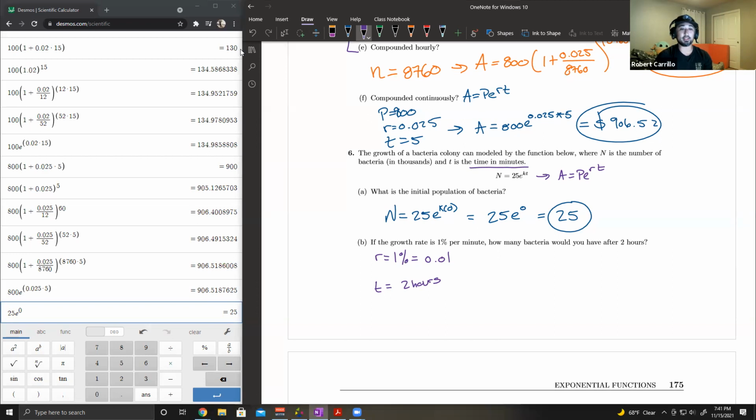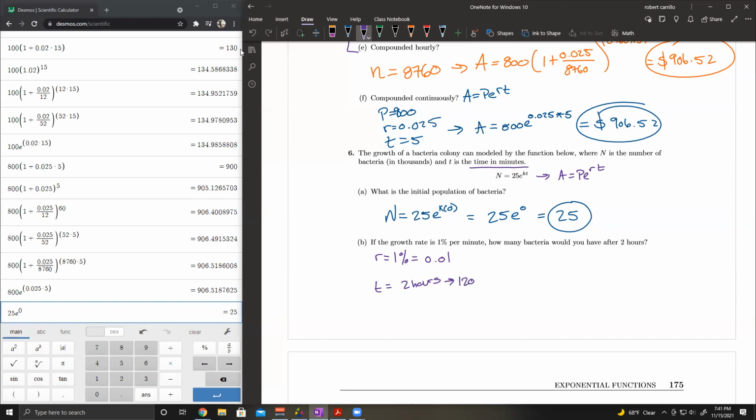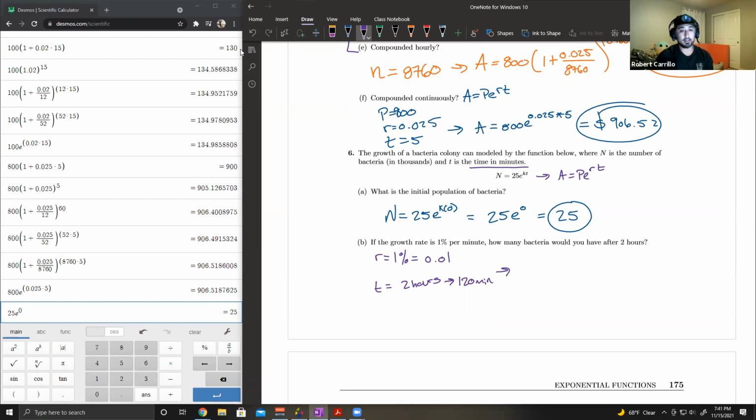So how many minutes is 2 hours? 120 minutes. Okay, we have all the information we need. So N equals 25 times e to the 0.01 times 120, and this will give us the bacteria after 2 hours.